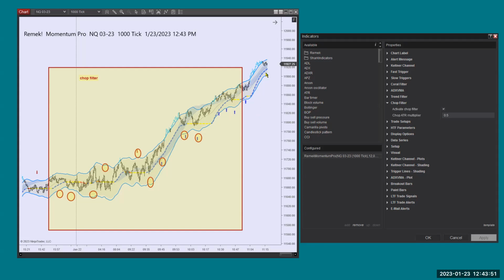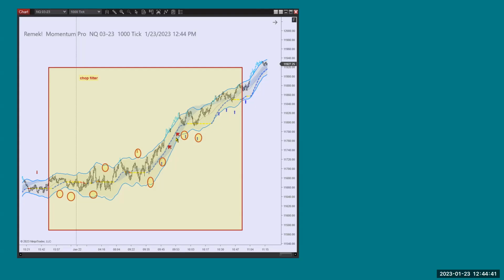The way we measure linear regression is this blue cloud, and the thicker the cloud, the stronger the momentum.